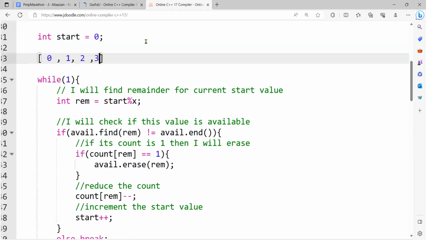0, 1, 2, 3, 3. So here, to get a 6, I need to add 3 to any one of these. In that case I can get 6. But here you will see that 3 mod 3 is 0, so you'll try to decrease its value, and it will not really work.